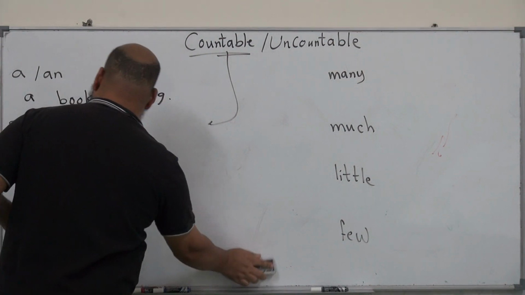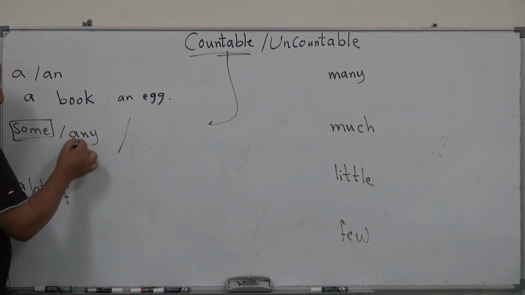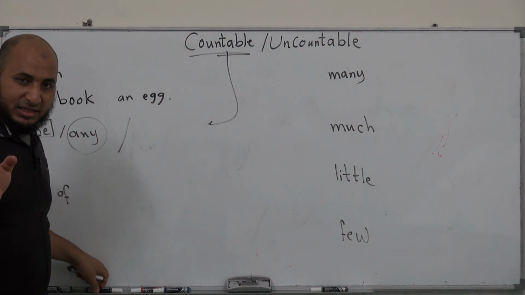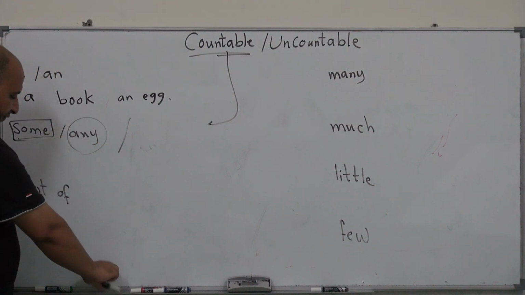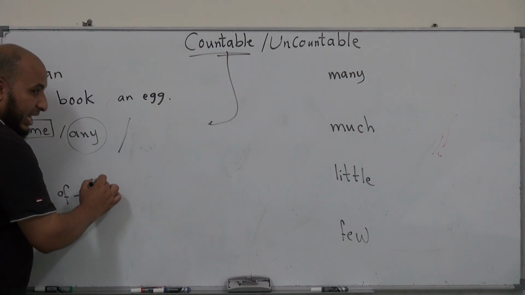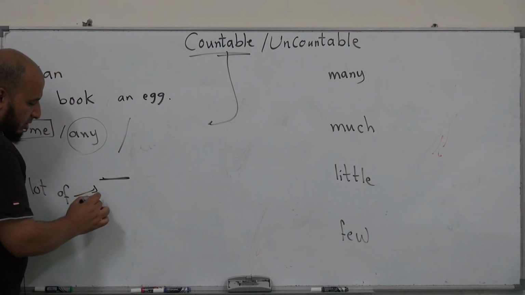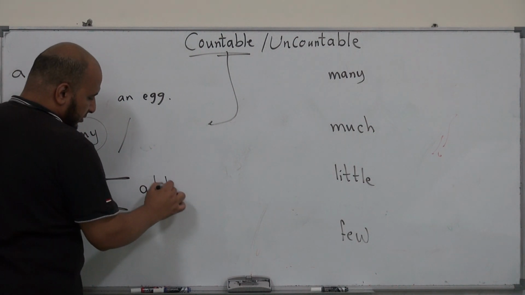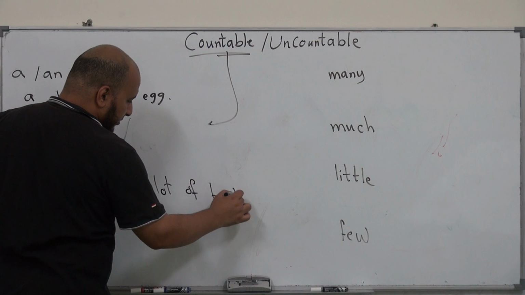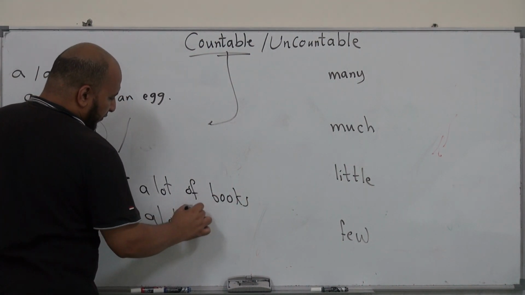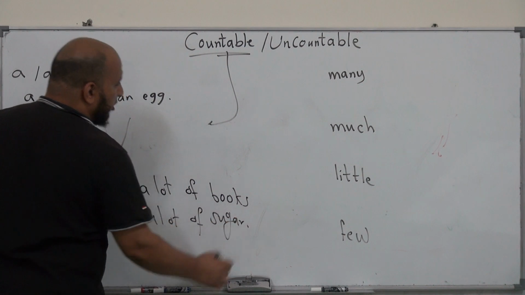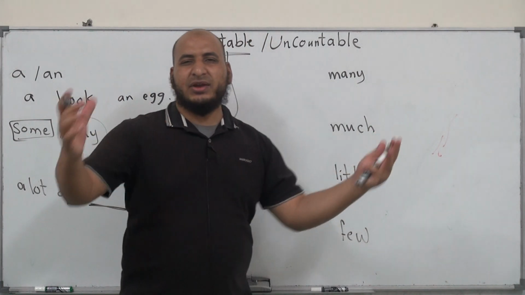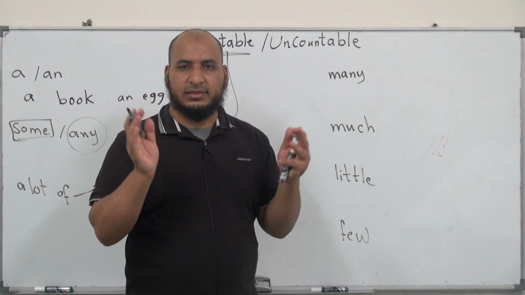A lot of. We say any in the question or in the negative. A lot of plus countable nouns or uncountable nouns: a lot of books, a lot of sugar. Many means more than one or more than 10.